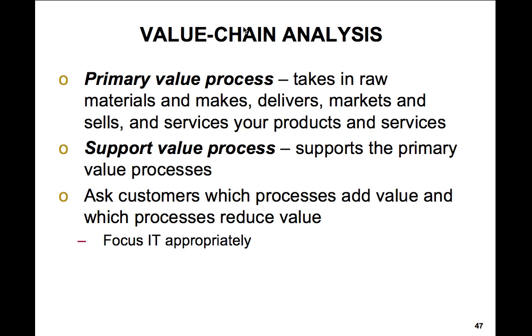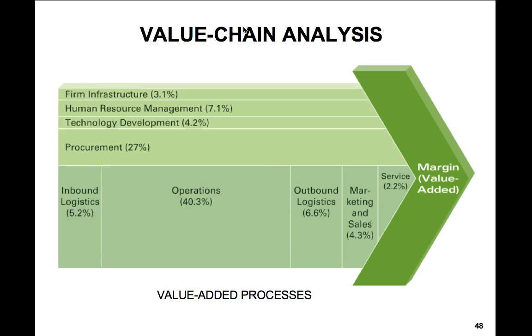But you can play around with, let's say, what it costs you for your network services and for your IT support. Do you really need to give everybody a computer or a cell phone? These are what they call optional, but they aren't really optional. They're support services or support processes. So you have services, processes, activities, and overall expenses that are associated in this category. The same thing applies to the primary ones. So focusing IT appropriately on both areas is a strategy that a lot of people use.